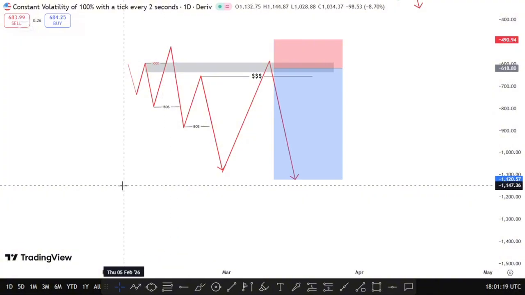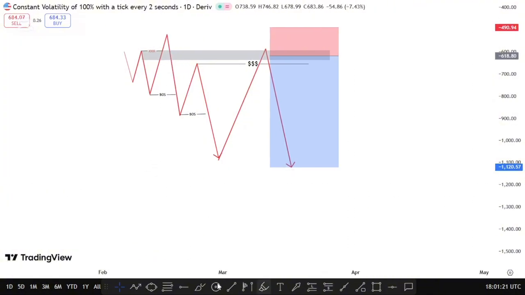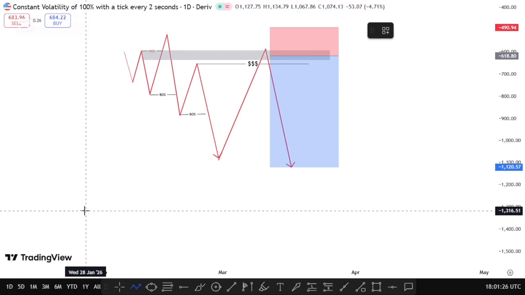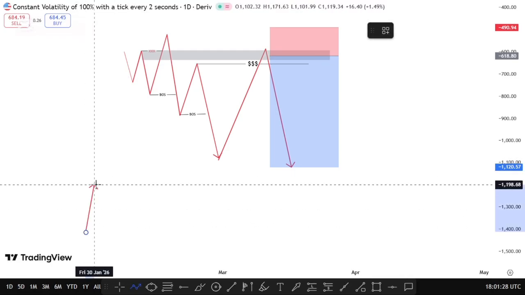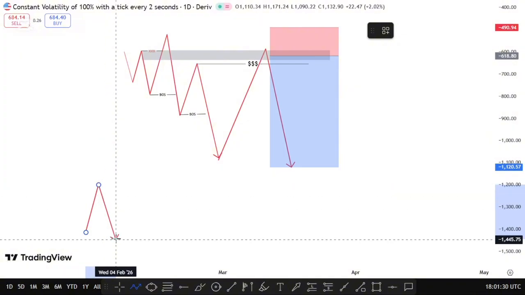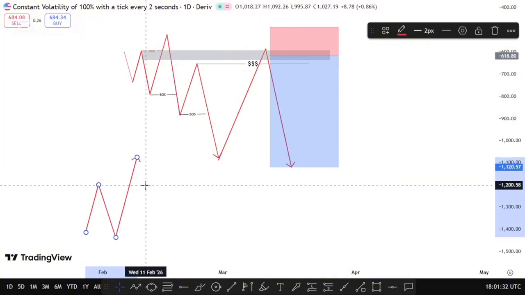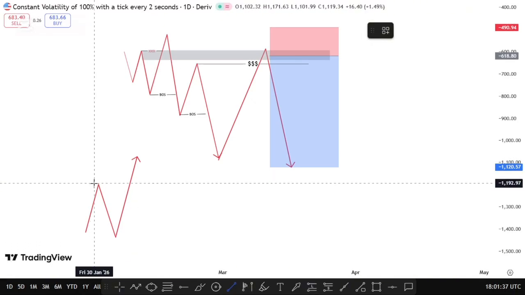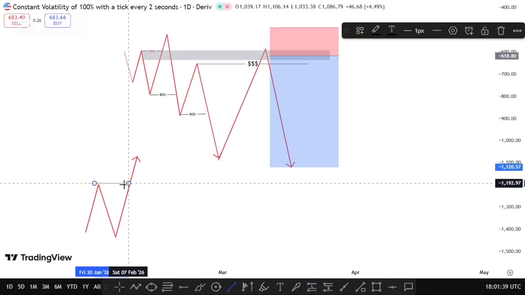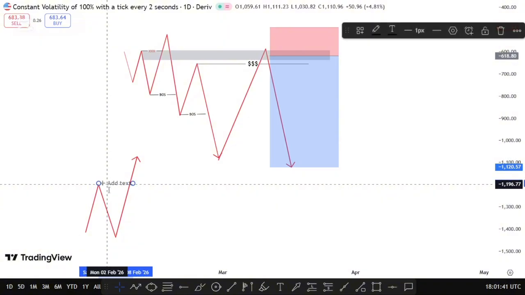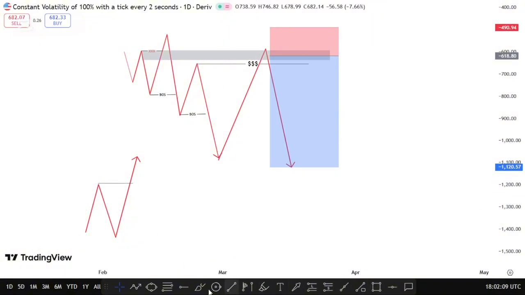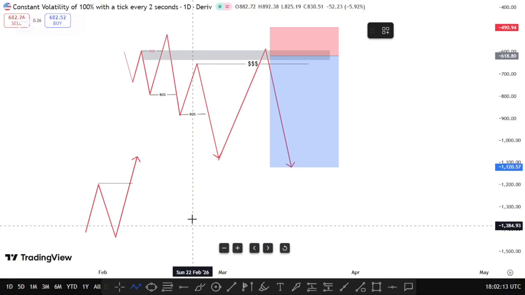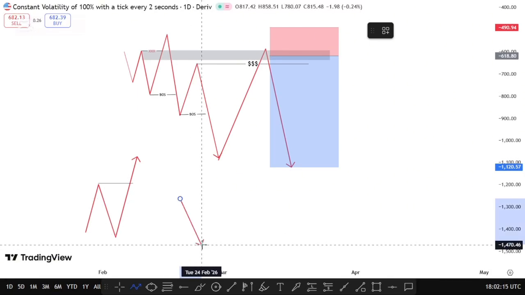Okay, so now what is a sweep of liquidity, guys? A sweep of liquidity is when the market sweeps a particular high. Let's say the market is moving to the upside. A sweep happens when there's a break of structure in the other direction. So in this particular case, we have a sweep of liquidity right here. On the other hand, guys, you can also have a sweep of liquidity to the downside, just like this.